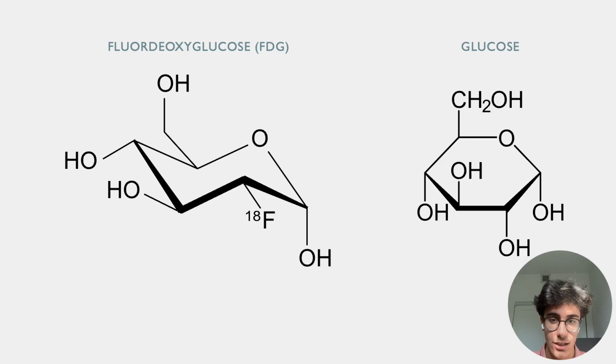However, in FDG, instead of an OH group connected, a fluorine-18 atom is connected to the second carbon. This is just a major difference between both. It also causes structural differences, but the OH and the fluorine-18 being connected to the second carbon is the major difference between both of them.